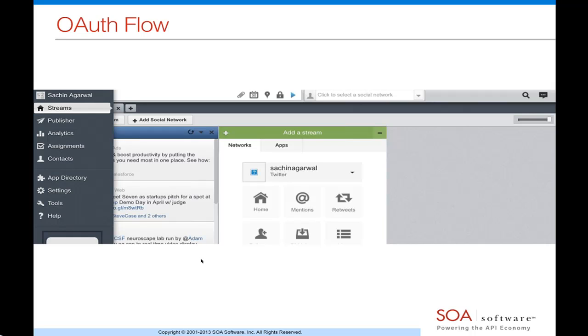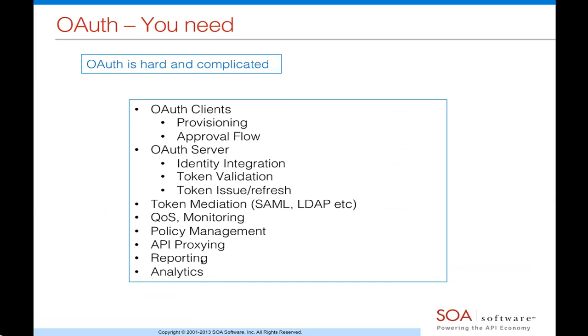But managing OAuth is extremely complex. There are a couple of versions: OAuth 1.0, 1.1a, and now OAuth 2.0. And all of these versions are extremely difficult, both for the client and at the backend. There are a lot of things that you need to do in order to configure OAuth both at the client side and at the backend.